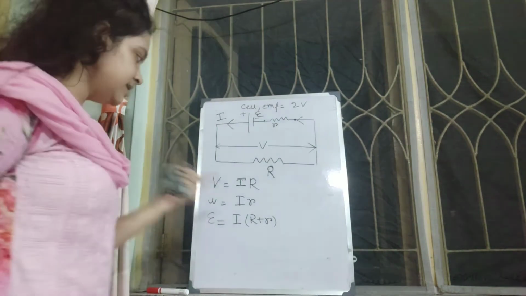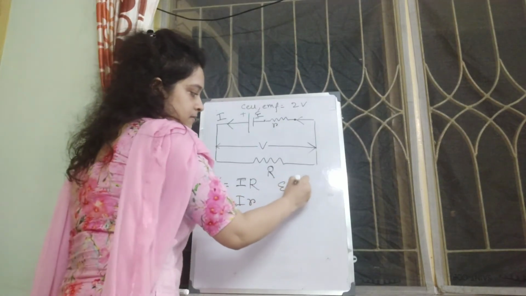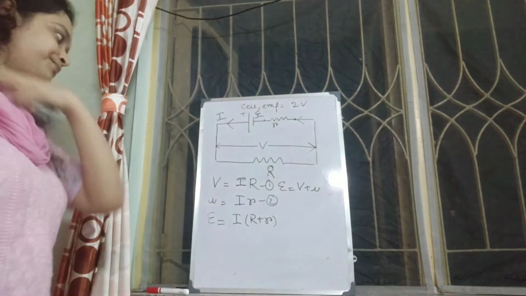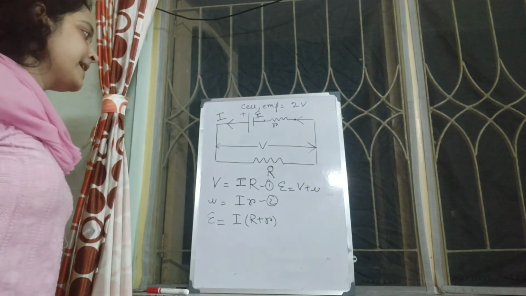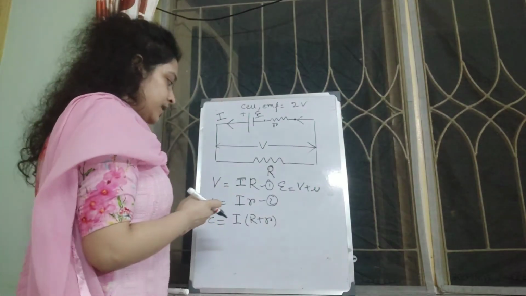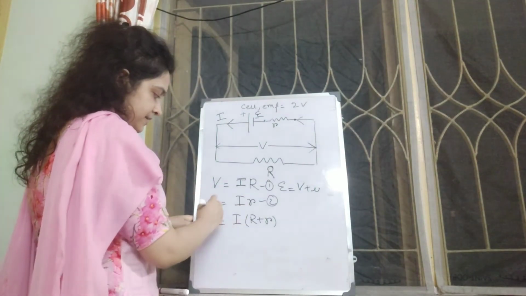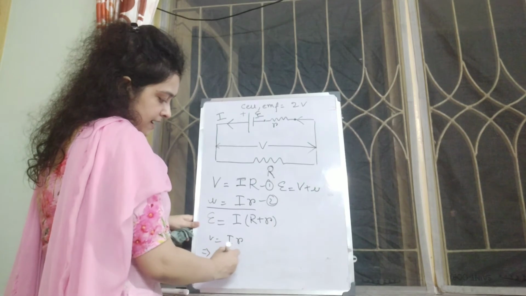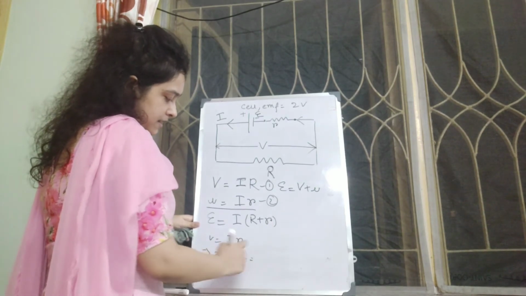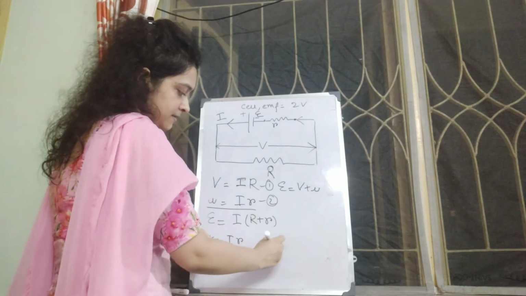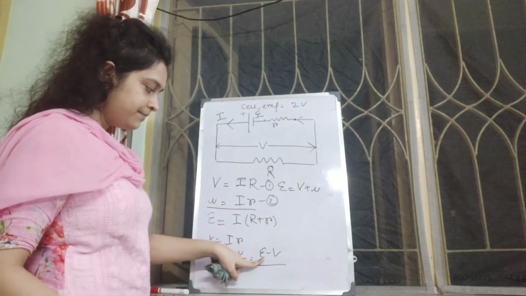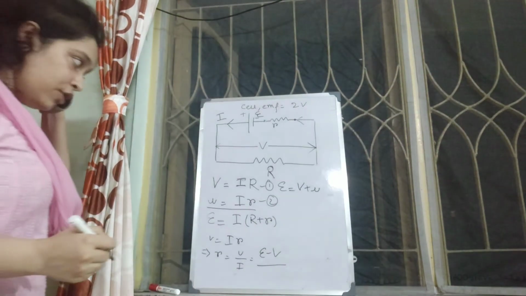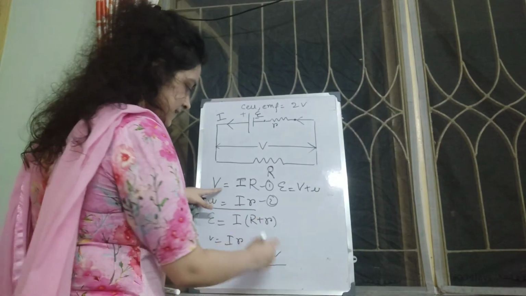So therefore I can write, obviously, as we have just now seen. If I add these two, I'll get this. Now from here, V equal to IR, so I can write small r as v by I. In place of v, can I write this? Obviously. And in place of I, can I write this?